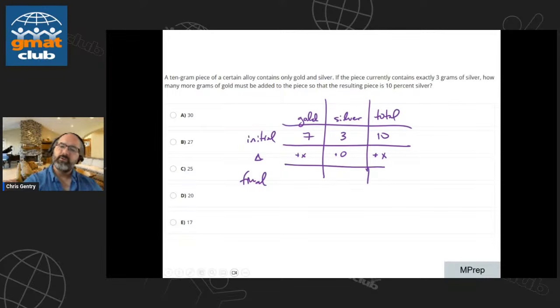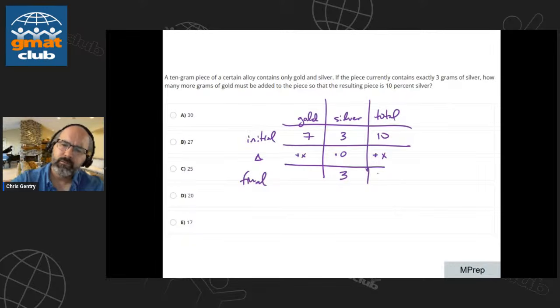And so the only thing that I have right now that's known is that silver is going to stay the same. And yes, we can build an algebraic expression here and work through all this, or we can say 10% of something. 10% of that final total must be 3. So 10% of what is 3?